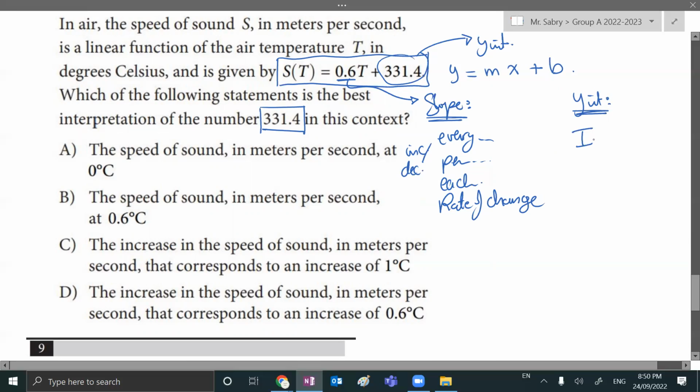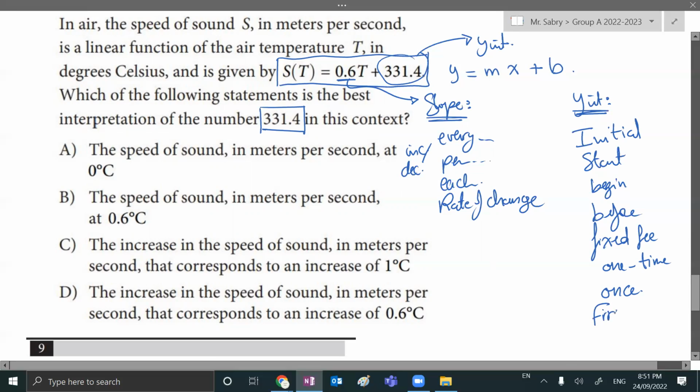For example, the word initially, the word start, the word beginning, or before, or fixed fee, one time fee, once. All of those represent the same thing. The y-intercept is the thing that's done only once at the very beginning.